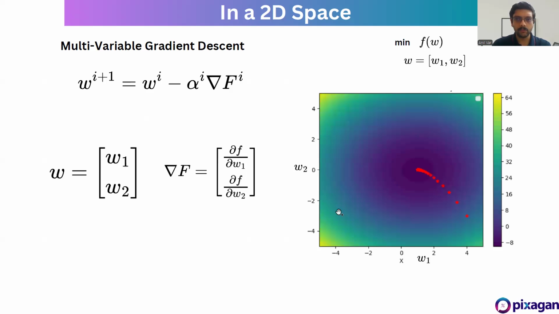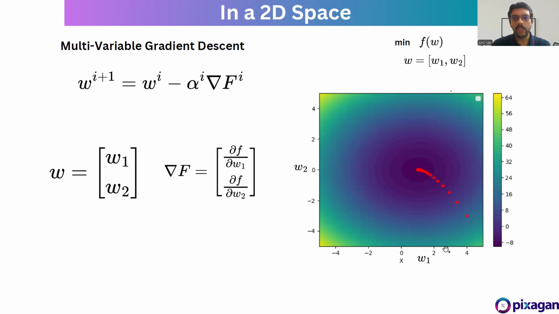Now if you look at this here, I've just written X and Y, with W2 on top of the Y, because that's what you typically do when you draw a plot in two dimensions. The color here is a contour plot indicating the value of that function. Given a W1 and a W2, the color code indicates the value.